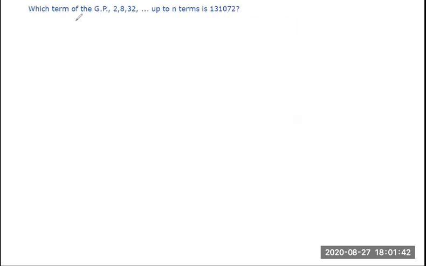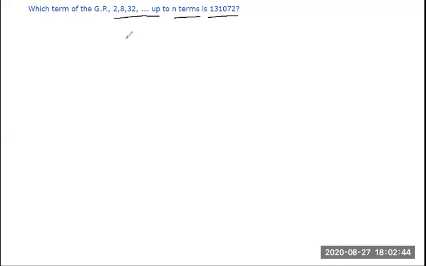He says, in which term of the GP is this? The GP up to nth term is given, so we want to find this. Have you understood, students, how we can do this sum? We have less than 1 minute. So we simply apply it: which term of this GP is this?